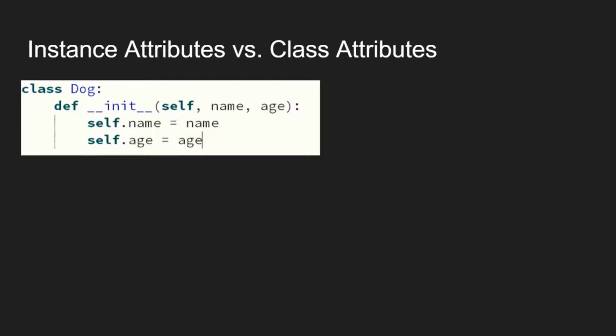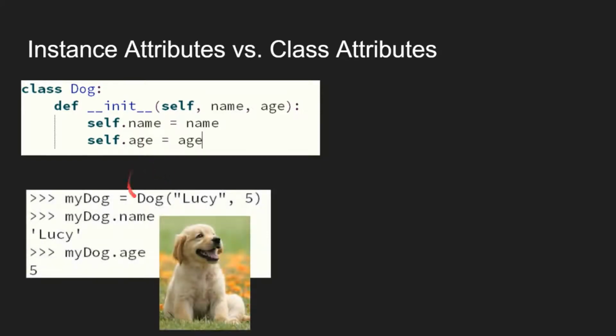So let's talk about instance attributes versus class attributes. In the balloon example, we saw that our balloon had two instance attributes, or variables or properties, isInflated and height. This dog has two attributes, name and age. And these attributes will be unique to every instance of Dog, or every individual dog that we have.